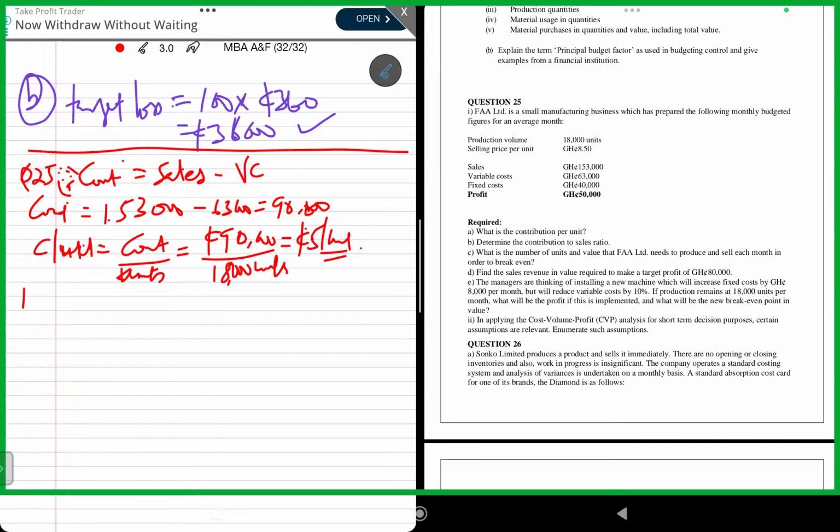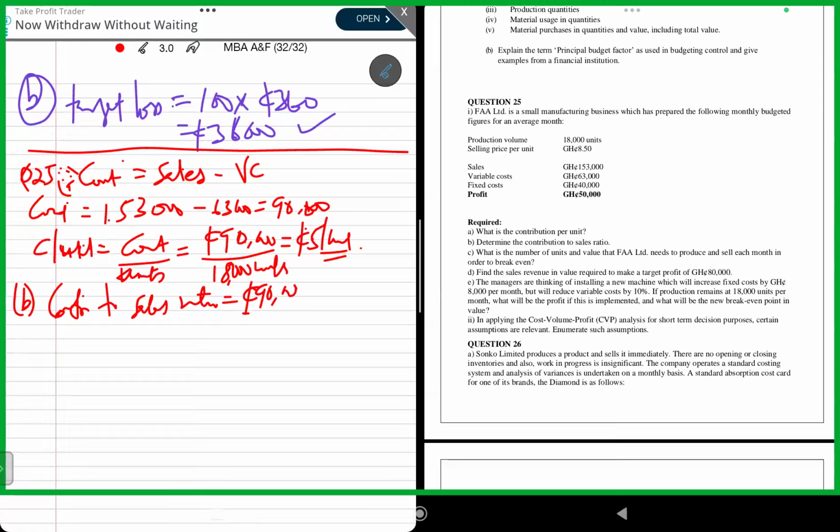Determine the contribution to sales ratio. What do we do? We can take the total figures. What is the total contribution? 90,000.